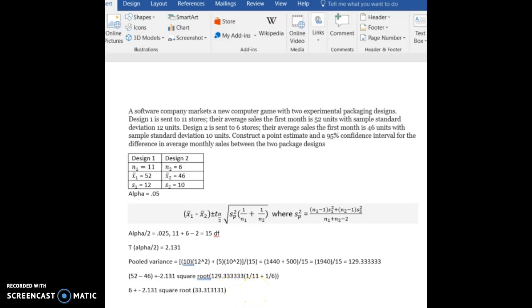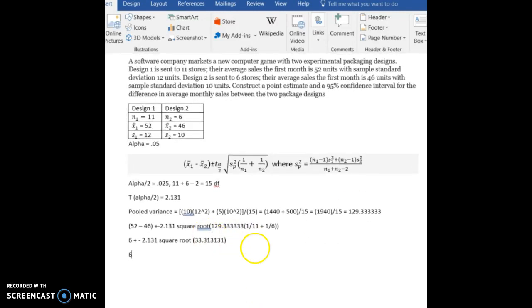So I'm going to end up with 6 plus and minus 2.131 times the square root of 33.31313, and that ends up being 5.771753. And then I'm going to do the multiplication of my 2.131 with my 5.771753.